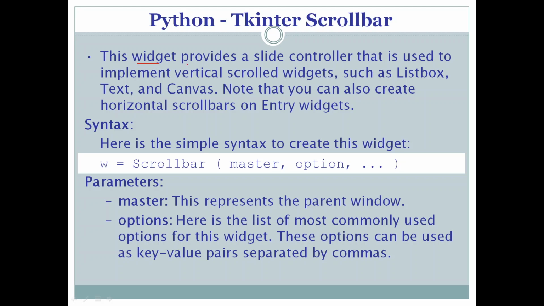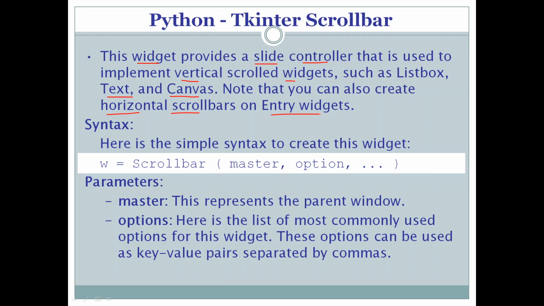This widget provides a slide controller that is used to implement vertical scrolled widgets such as list box, text, canvas. Note that you can also create horizontal scroll bars on entry widgets.